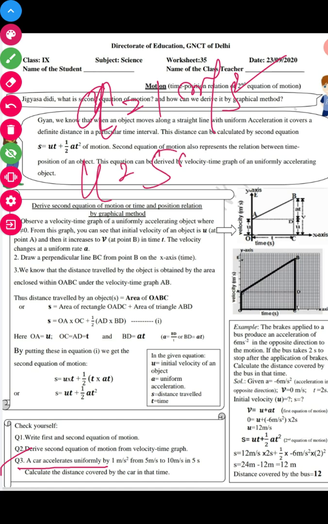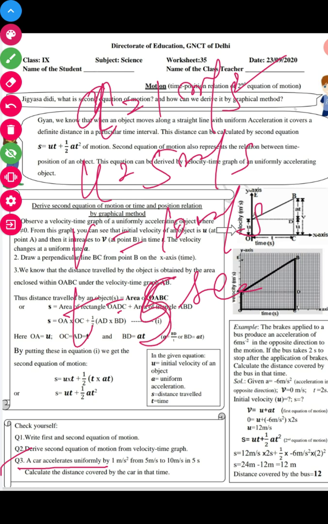U we have 5 meter per second, V we have 10 meter per second, and time t is equal to 5 seconds. So calculate the distance covered by the object.